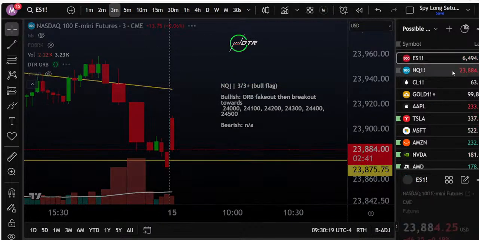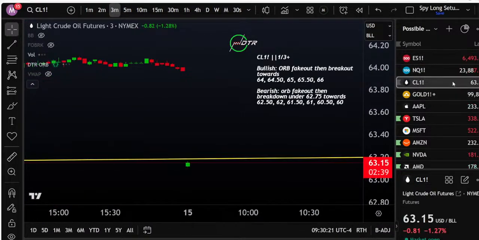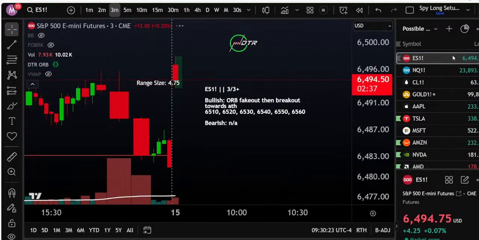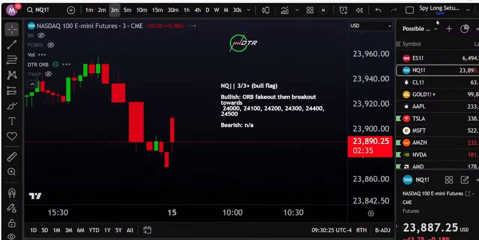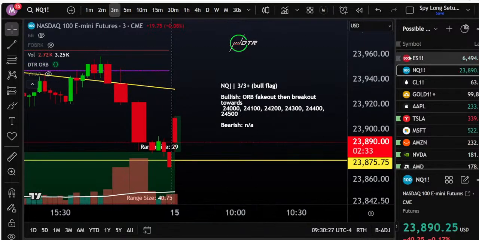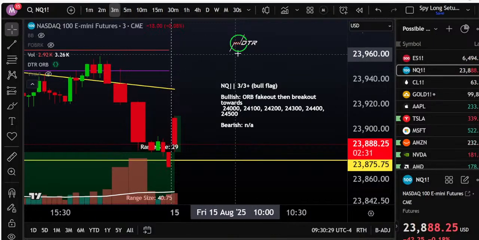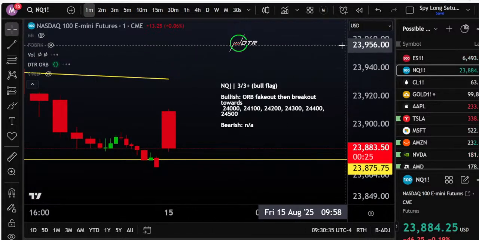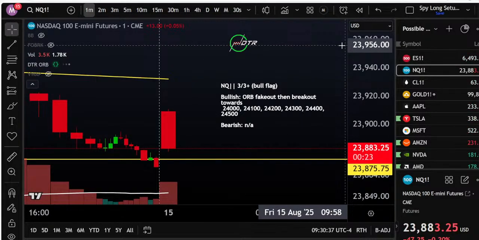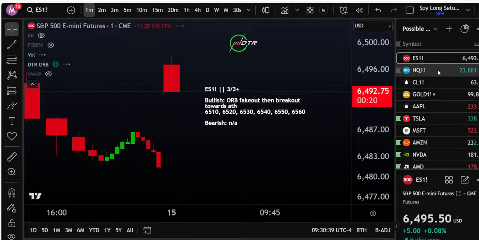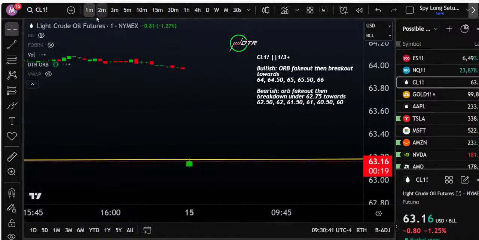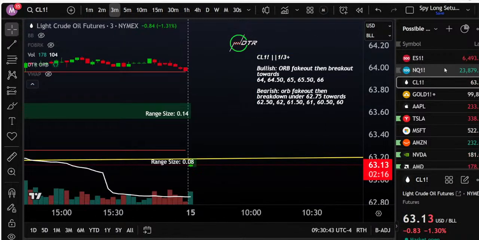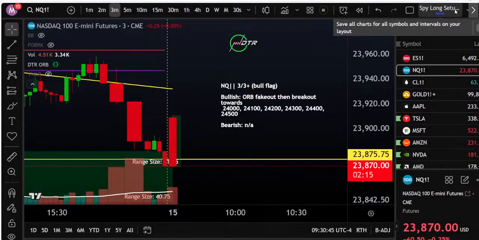So let's see where momentum wants to show up, and let's see if we can get some smooth PA, right? That's really what I'm cheering for here. Pretty good size open. So far, so good.